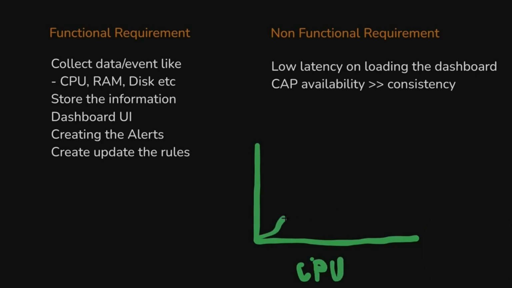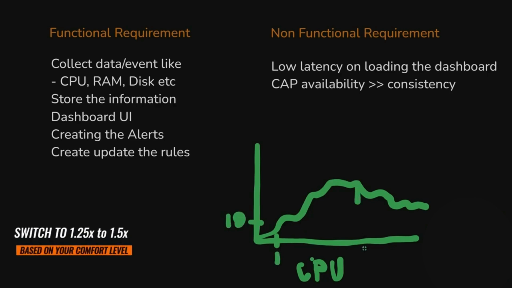So the graph would look like this with respect to the time. So for the first second, we are having CPU utilization of, let's say, 10%, and on fifth second we will have a CPU utilization, let's say, of 20%.